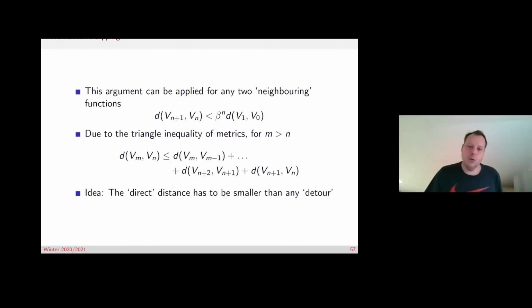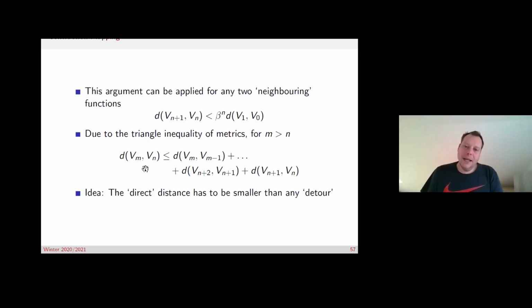And what you can then do is always express the distance between two neighboring functions down the road, so to say, by comparing it to the distance of the original function. But this only applies for neighboring functions in this sequence that are close by.